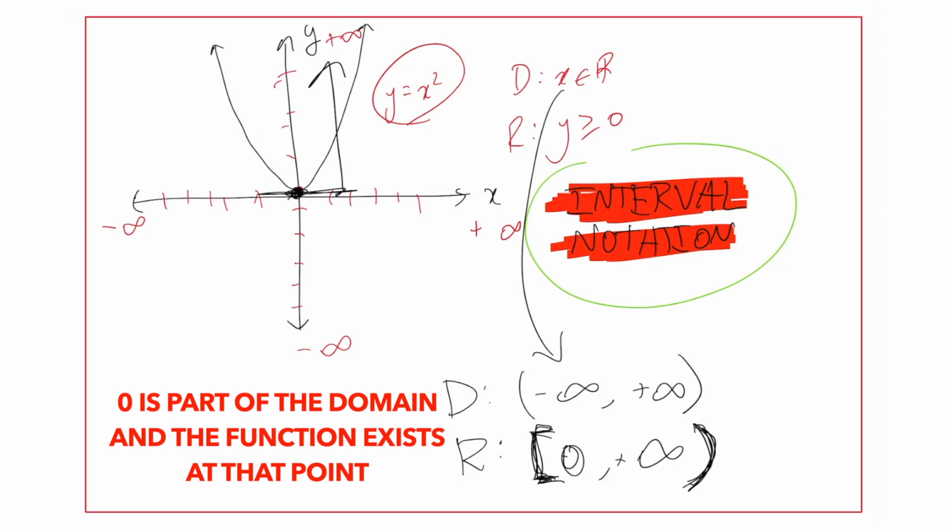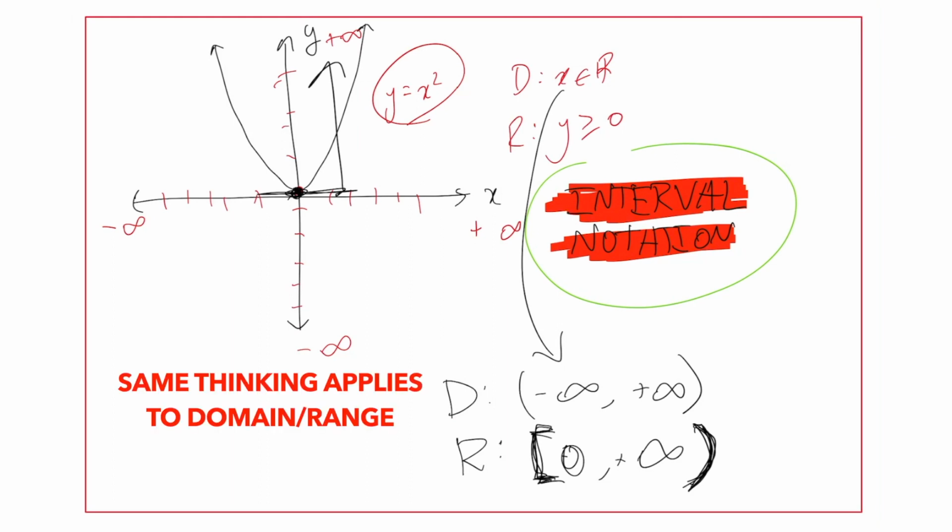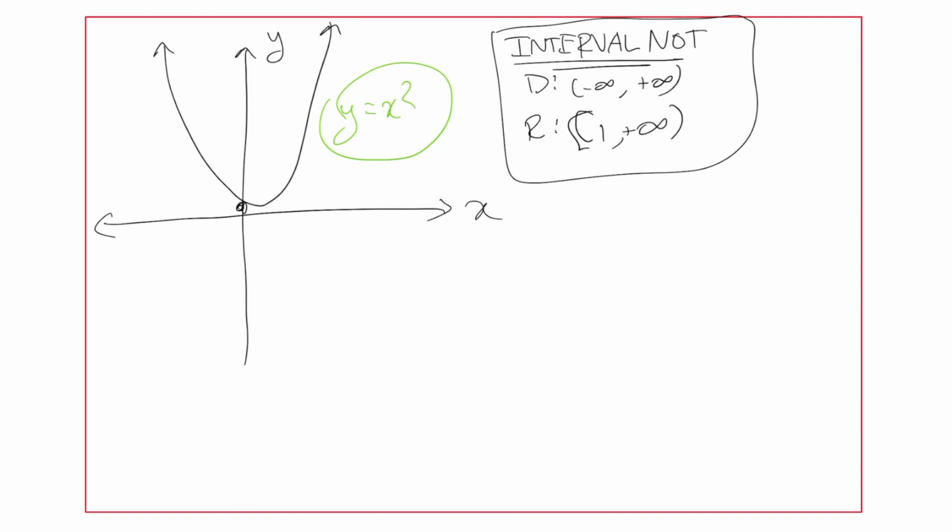For infinity, towards infinity, we put this curved bracket because infinity isn't really a number. It's not really included in the domain. It's not something you could plug in. Great. Okay, so this is interval notation. Now, what we wrote here with domain, saying x belongs to real numbers, this is more of what we would call set builder notation. And more formally, we would write it as follows.